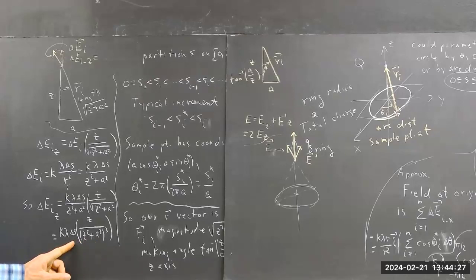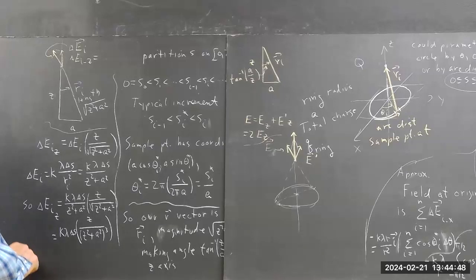Delta S, we're assuming equal increments. I'm not sure I said equal increments, but we kind of make that assumption. Lambda is your density and K is your electrostatic constant, 9 times 10 to the 9th newton meter squared per coulomb squared.